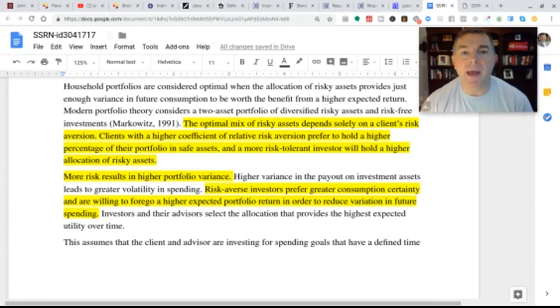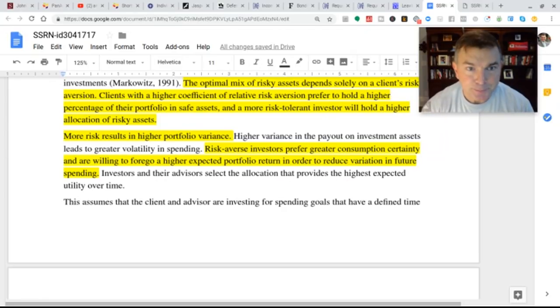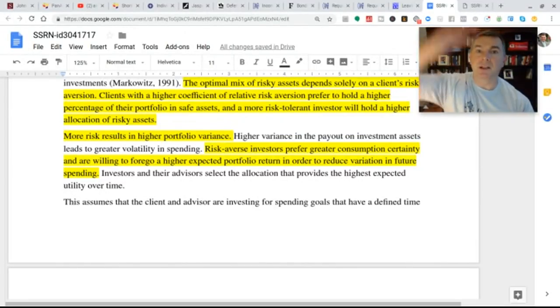The optimal mix of risky assets depends solely on a client's risk aversion. Clients with a higher coefficient of relative risk aversion prefer to hold a higher percentage of their portfolio in bond, safe assets. And a more risk-tolerant investor will hold a higher portfolio in stocks. More risk results in higher portfolio variance, because the standard deviation means the stocks are going up and down and up and down.